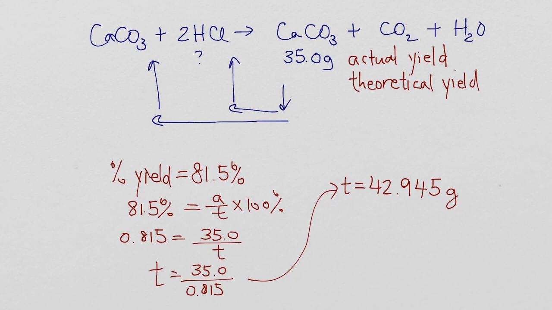So we're going to actually not use this number in our calculation for how much reactants we need to put in or purchase or whatever. We're actually going to use 42.945 grams and go on and calculate the amount of reactants that's needed to make this amount.